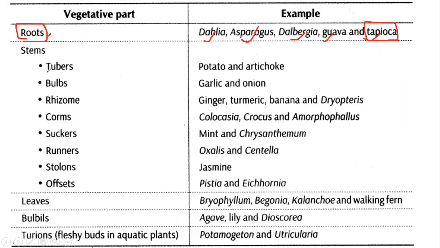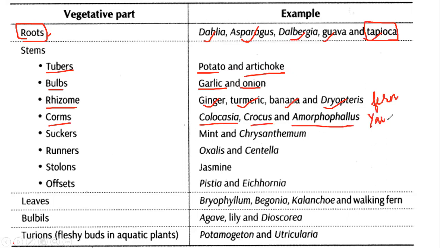Then tubers: potato, artichoke, etc. Bulb: garlic and onion. Rhizome: ginger, turmeric, banana, and Dryopteris. Dryopteris is a fern. Then corm: colocasia, crocus, Amorphophallus, elephant yam. Elephant yam you may be calling Amorphophallus.